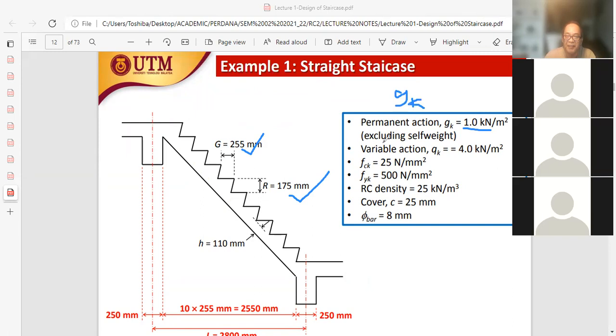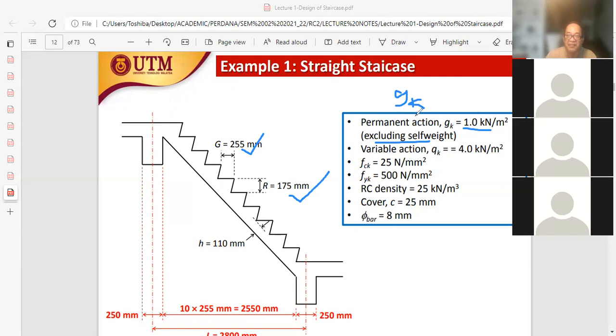But in brackets it says excluding self-weight, which means that this 1.0 represents more or less the loading from finishes, because it is excluding the self-weight of the staircase. So the self-weight of the staircase has to be calculated and added to the permanent action.